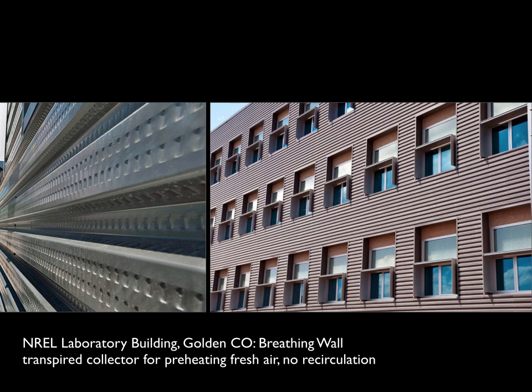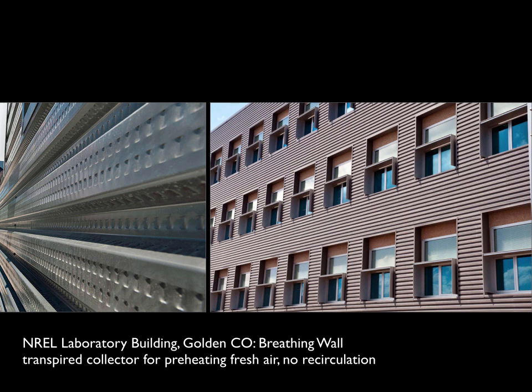So you can see on the slide on the left that there's lots of little perforations. And that's just a kind of corrugated metal cladding system with an airspace behind it. It tends to be dark, it's absorptive, it warms up in the sun, and the air is then sucked in, kind of a slow movement, and gets warmed up as it moves into that cavity behind the metal collector.